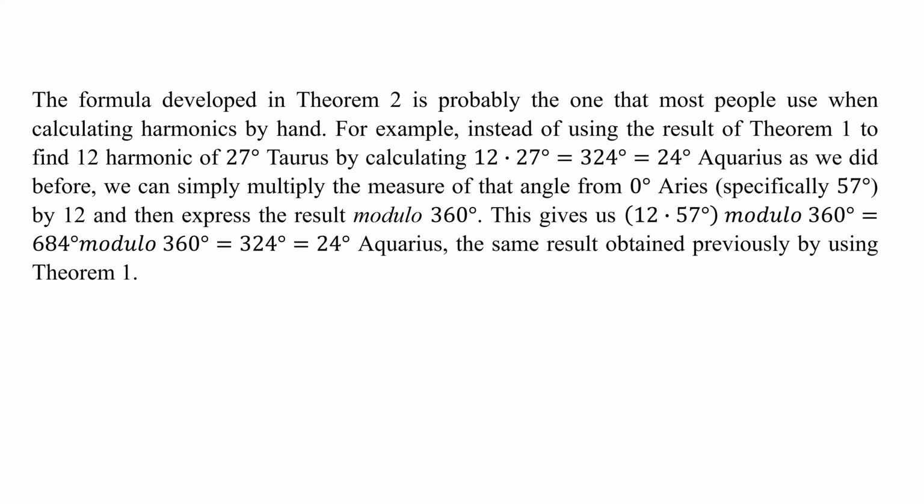For example, instead of using the result of Theorem 1 to find the 12th harmonic of 27 degrees Taurus by calculating 12 times 27 degrees equals 324 degrees equals 24 degrees Aquarius, as we did before, we can simply multiply the measure of that angle from 0 degrees, specifically 57 degrees, by 12, and then express the result modulo 360 degrees.